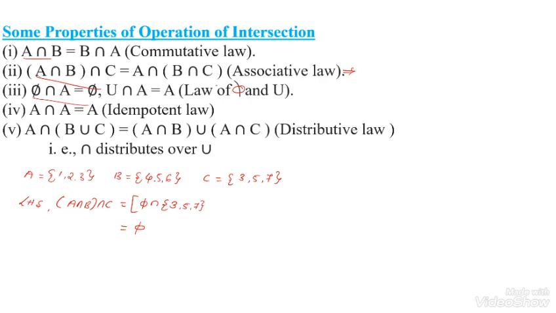Then I will take the RHS part, A intersection (B intersection C). First I will write the A set containing the elements 1, 2, 3.